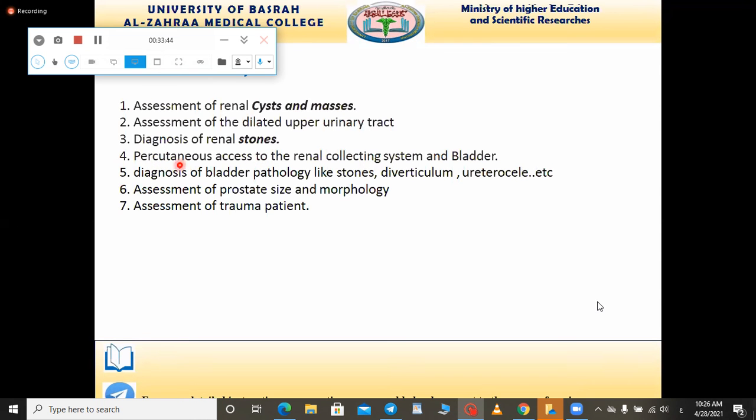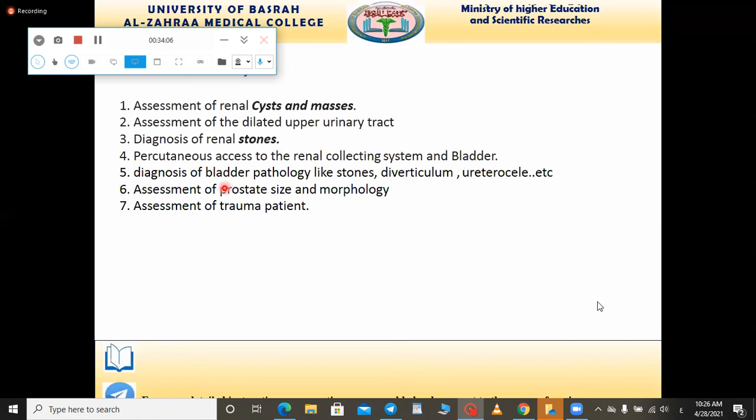So by the aid of ultrasound, we can do percutaneous procedures easily. Fifth, diagnosis of bladder pathology. Any type of bladder pathology can be easily diagnosed by ultrasound.